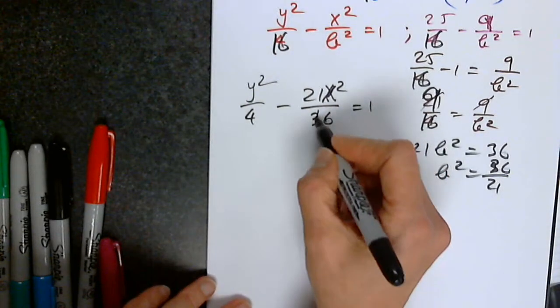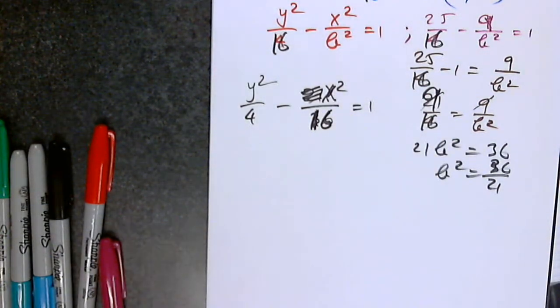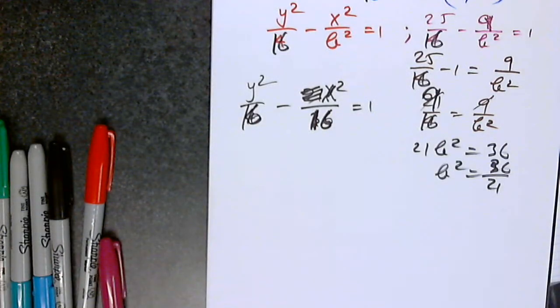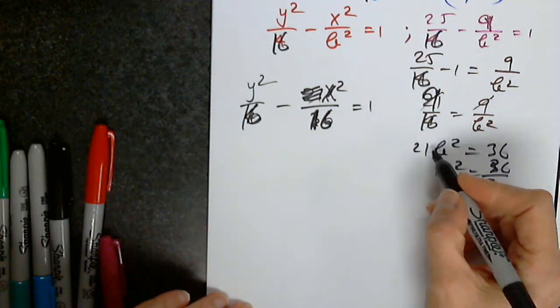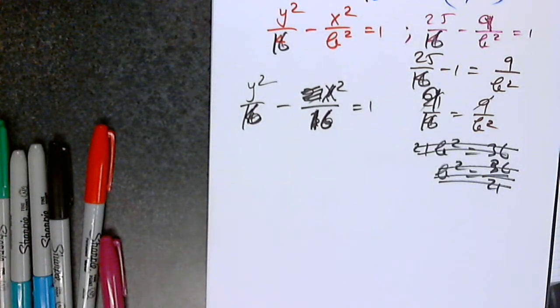Yes, b squared is 16. I wrote it as a equals 4, but when I plug it in, I have to write 16, not 4. Sorry about that. My fault. I identified a, but when we plug it in, I have to have a squared, and I didn't square it. So indeed, when you cross multiply, you get b squared equals 16.